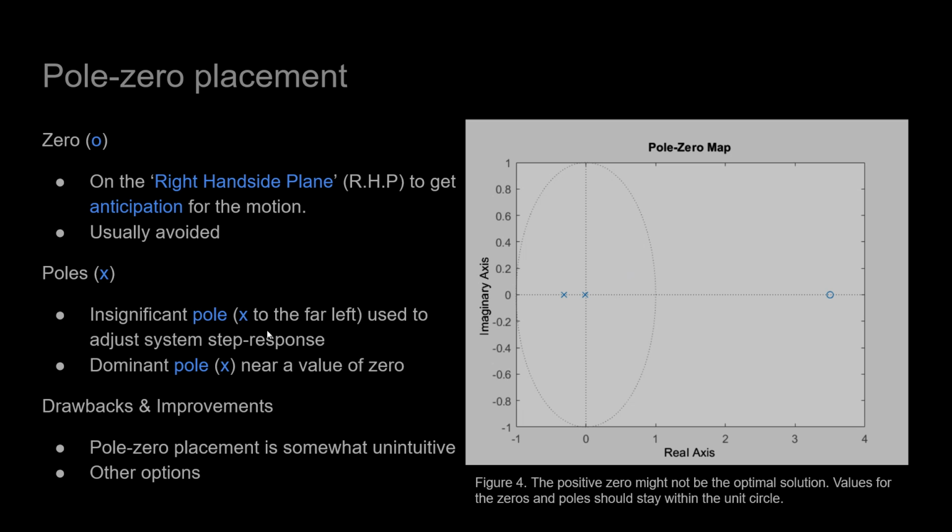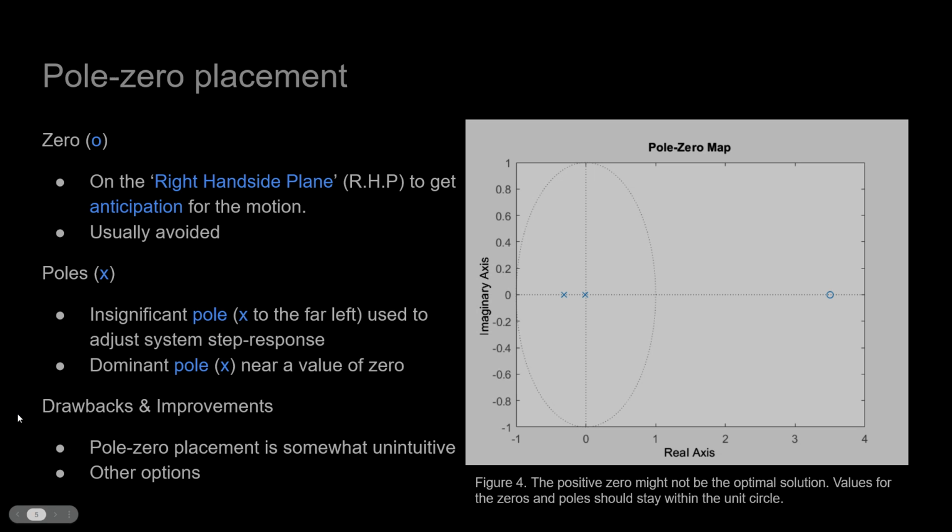So there's something called the insignificant pole, which is the one to the left here, and the dominant pole, which is the one in the middle here, and it's close to near a value of 0. And I use this insignificant pole here to the left to increase or decrease the value, making it more strong and faster or slower by getting it closer to the other pole here, I believe.